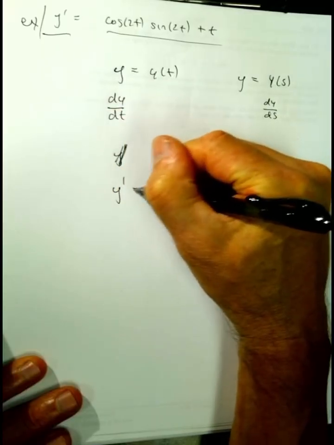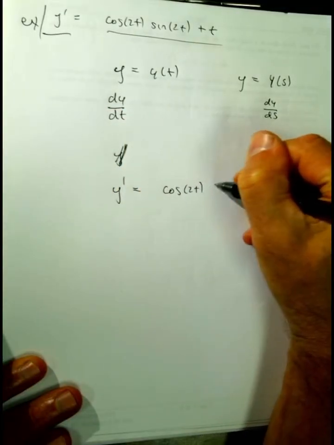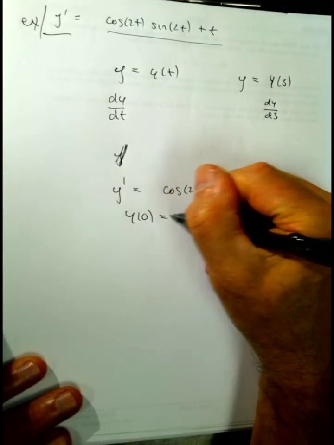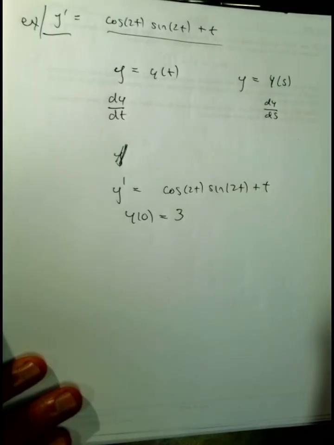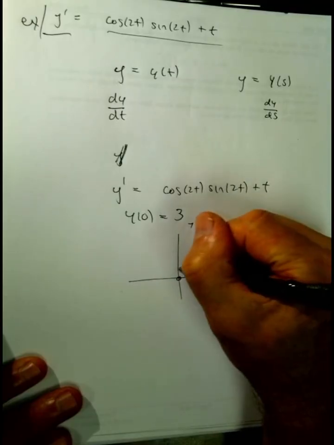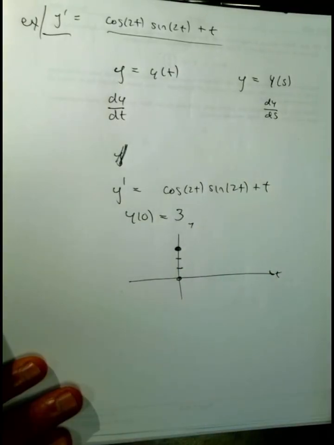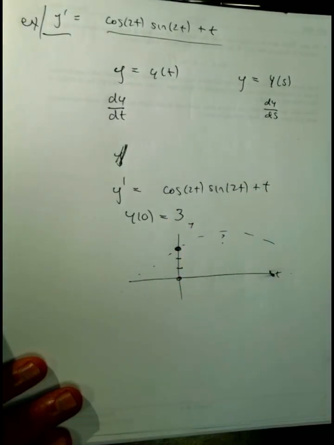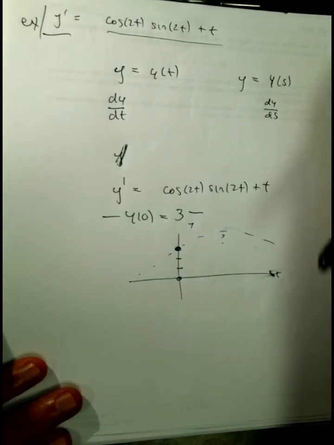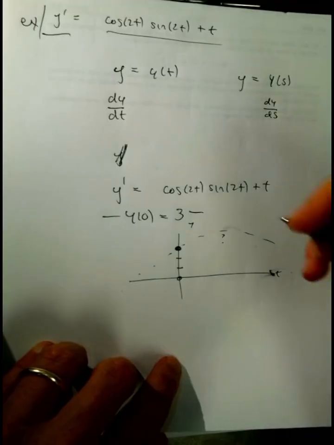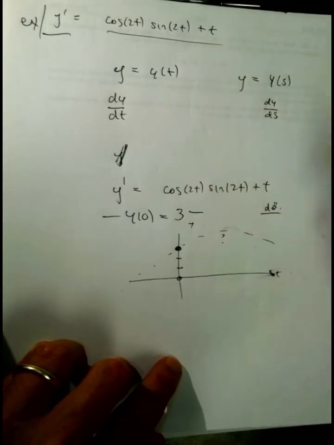So I want to make one change to this. This was the example we looked at before. And the change is, suppose I know that when t equals 0, the height of the function is 3. So that means that when t is 0, my function goes through that point, but I don't know what's happening anywhere else. Because I know that one extra piece of information, that's going to make my solution unique, and I'm going to use a definite integral.